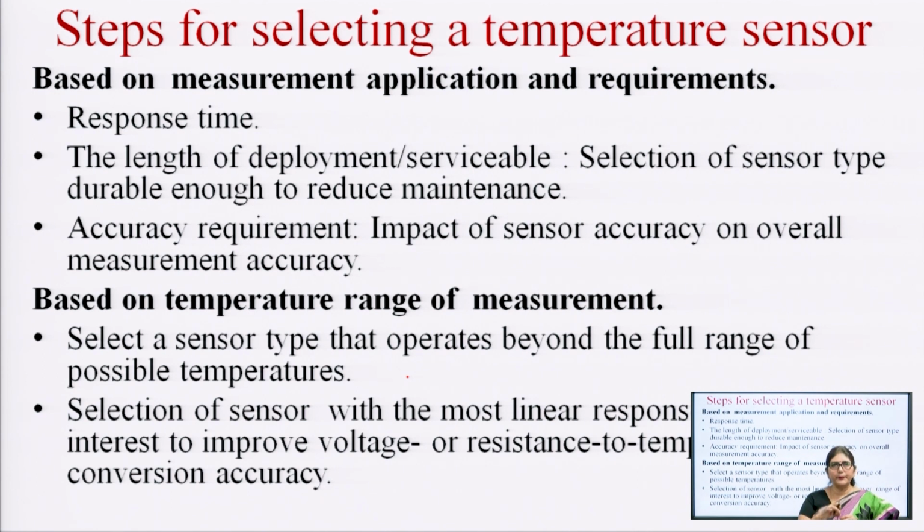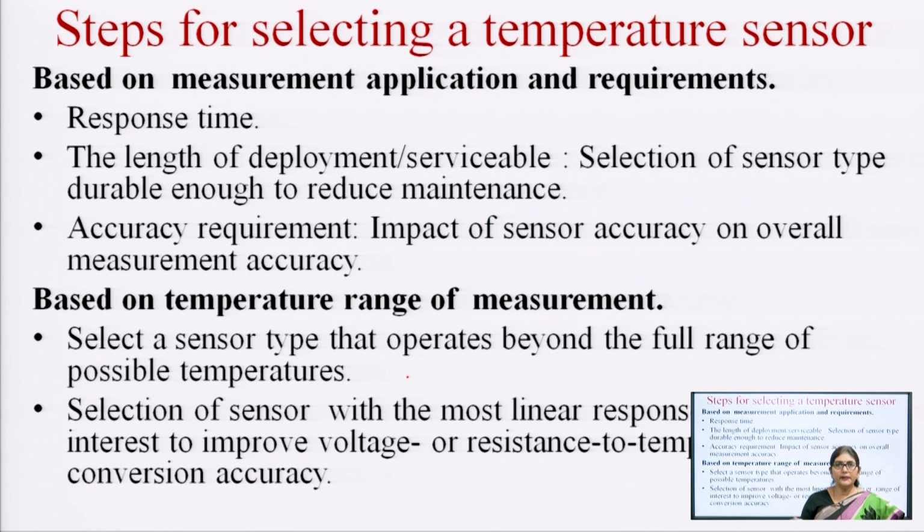If the temperature is rapidly changing, then we need a temperature sensor which is responsive to that change, even if it is a costly sensor, we have to use it. But suppose there is only a small variation. Suppose we want to measure the temperature of a boiler and it is changing very slowly, then we can use a sensor which has a slower response time.